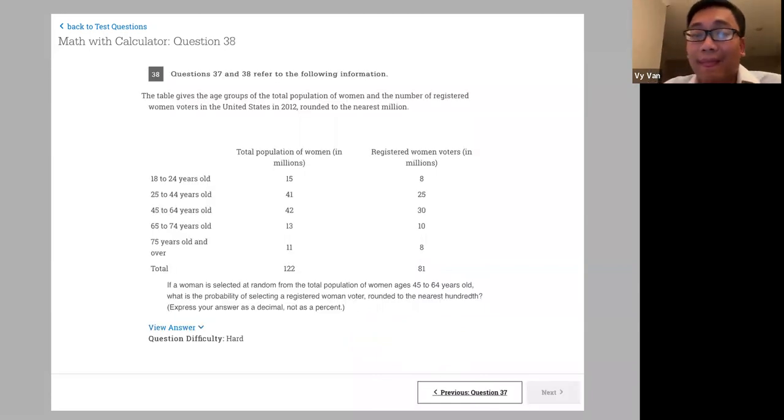38. So here is a probability question. If a woman is selected at random, total ages 45 to 64. So this is a very, very important phrase right here.